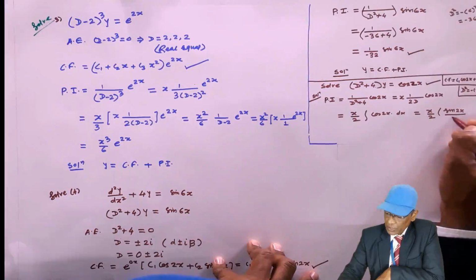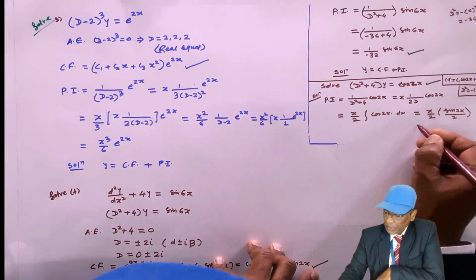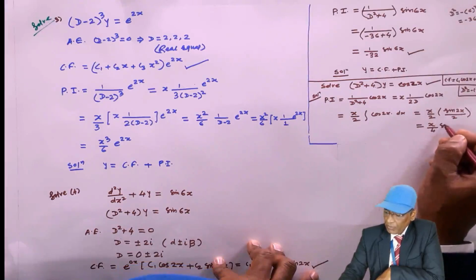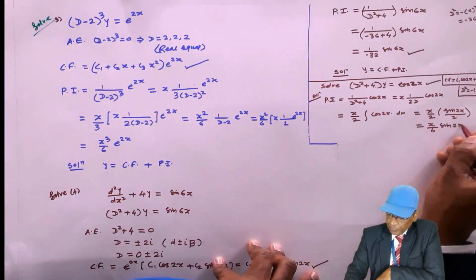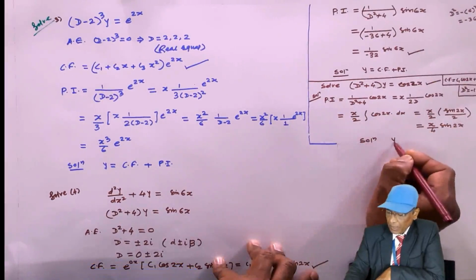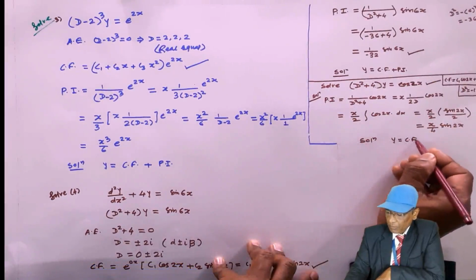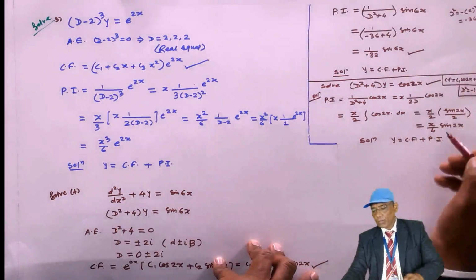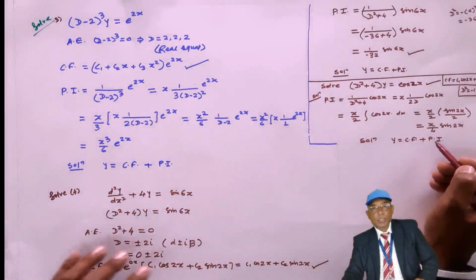Sin 2x by 2. In this way, 2 multiplied by 2 is 4, and sin 2x. In this way, we found the particular integral and the solution is what? Y equal to CF plus PI. Put this CF and this PI. That is the solution to this differential equation.